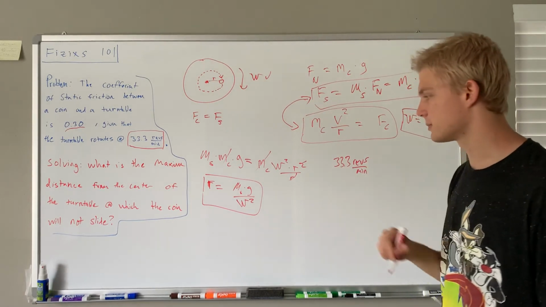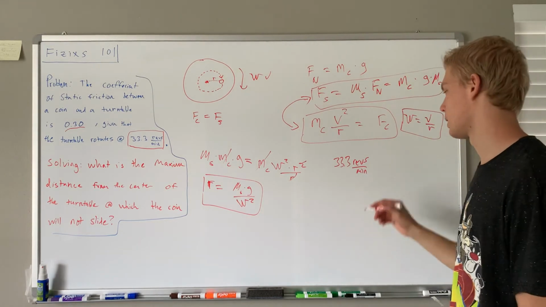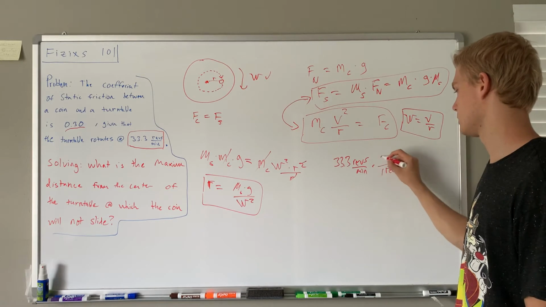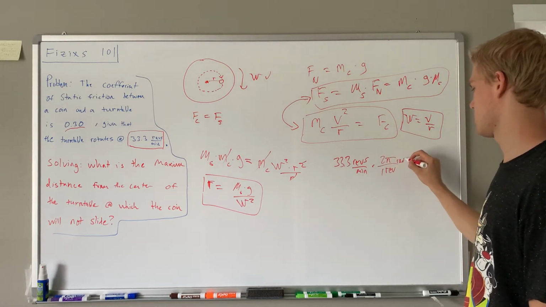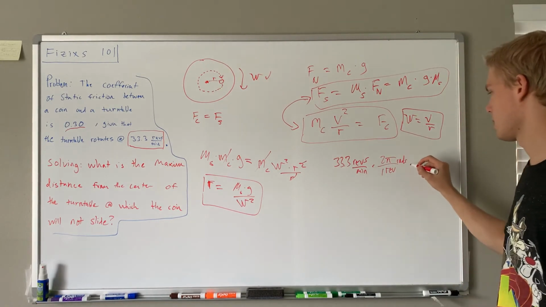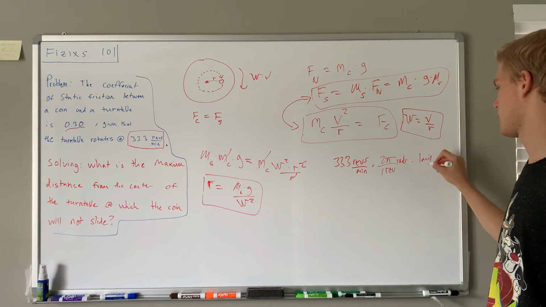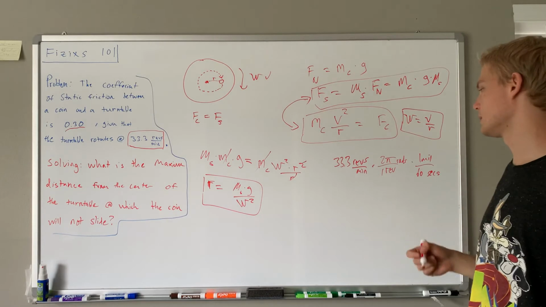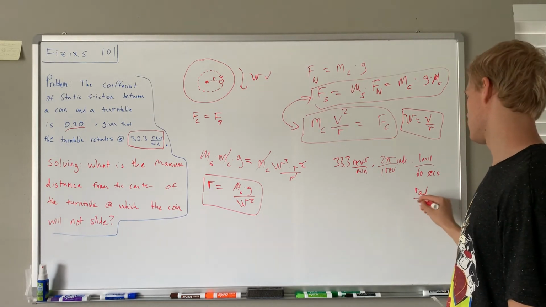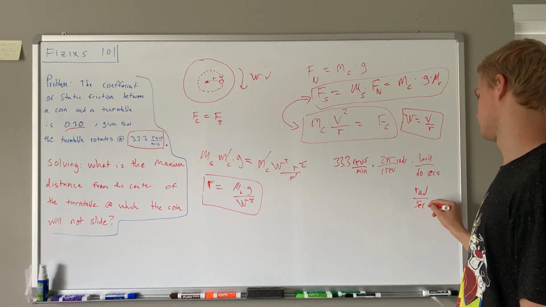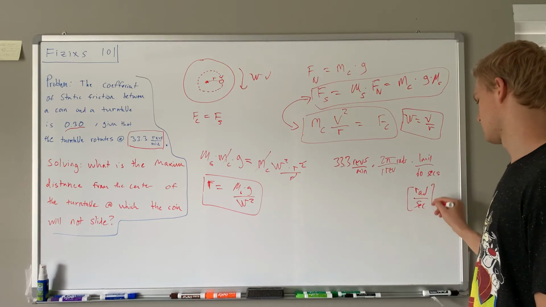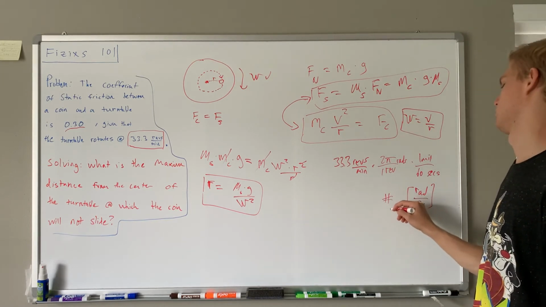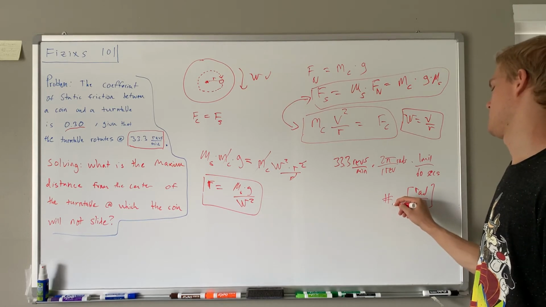I want radians per second to make the units okay. 1 rev is equal to 2 pi radians, and 1 minute is equal to 60 seconds. That's going to give me radians per second. And that's a number. Let's call it number A.